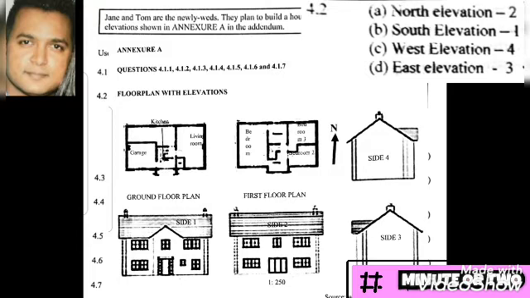If you look at the last one, which is the east elevation, you will notice that side 3 would be the answer, because this would be the one that you would be looking at if you stood on the east and that part was facing you. It would be side 3. So obviously the side of the roof, if you were standing on the east and facing that part of the house, that side would be facing you, then the roof part would be on your left hand side.